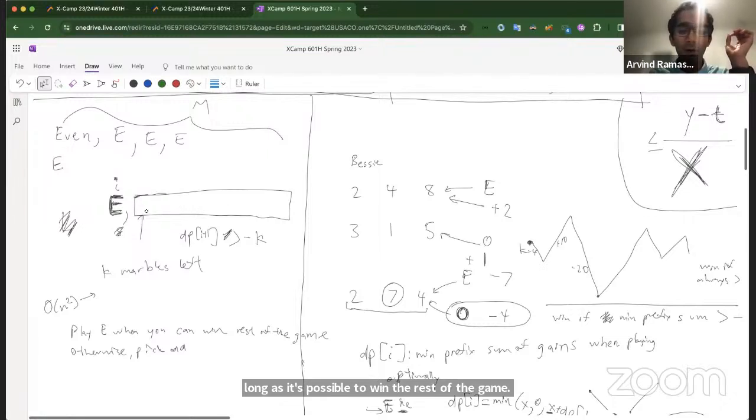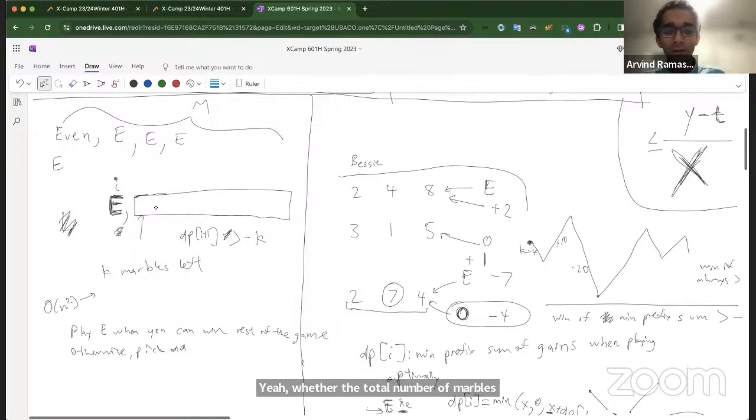To check if it's possible to win the rest of the game, you have to check, given the optimal play strategy, whether the total number of marbles is strictly greater than zero the whole time.